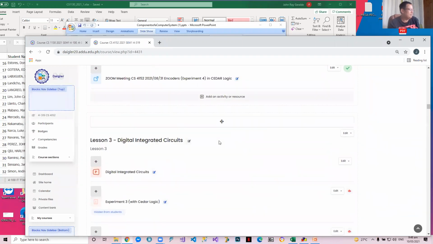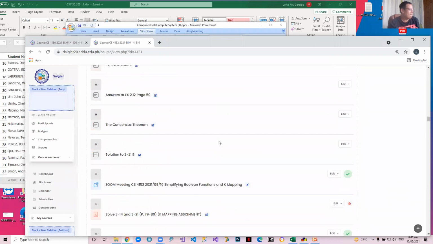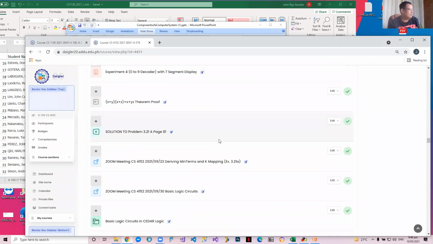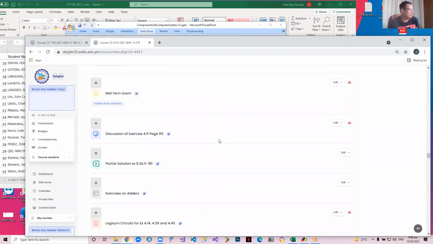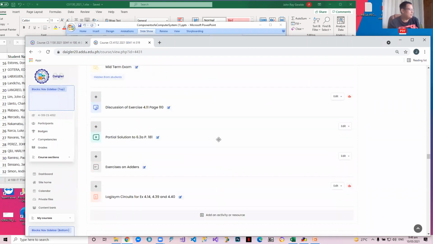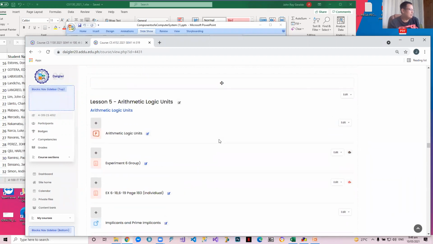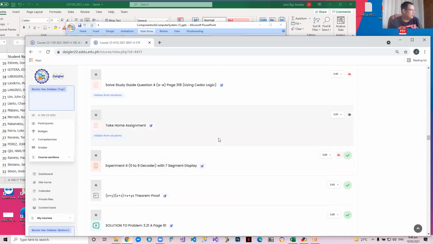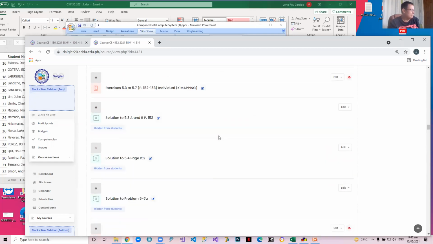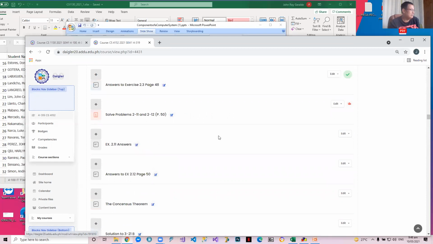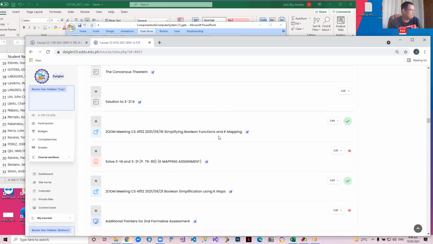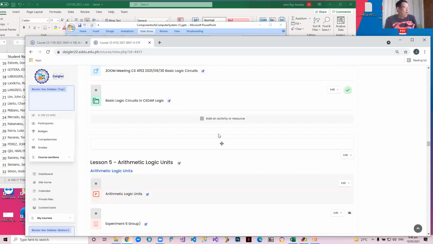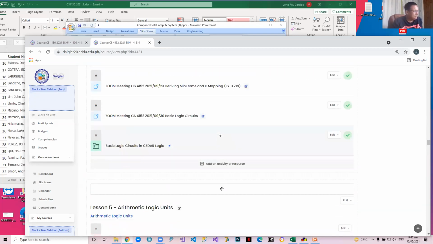We have that here. Arithmetic logic unit, flip-flops. Why don't I have my... I may have forgotten where I placed it. But let's try to find one.